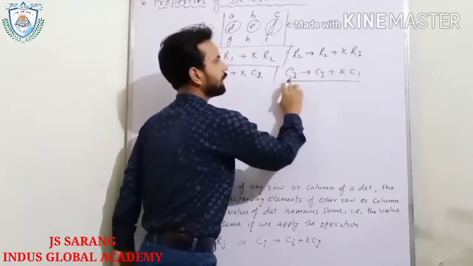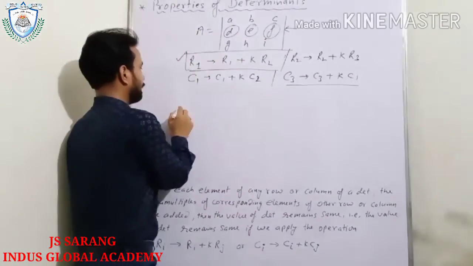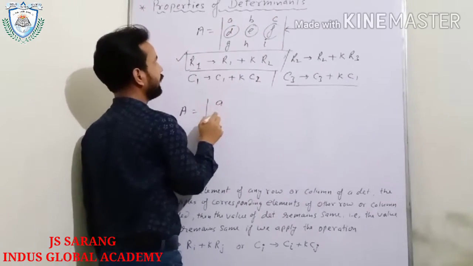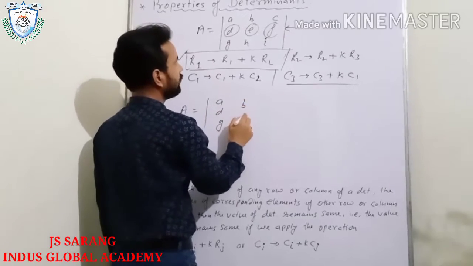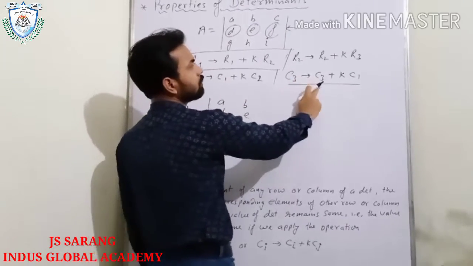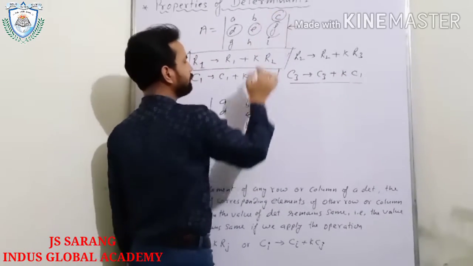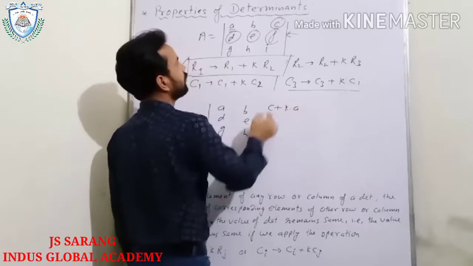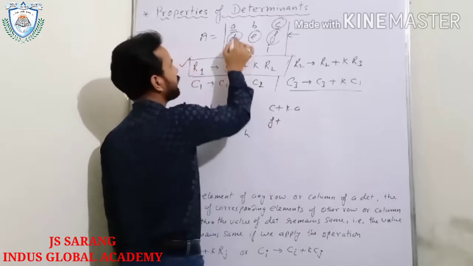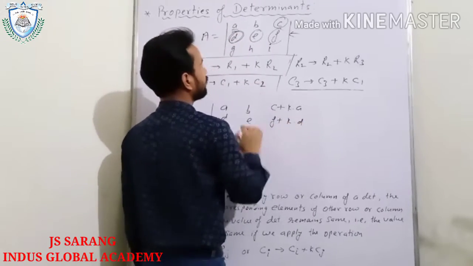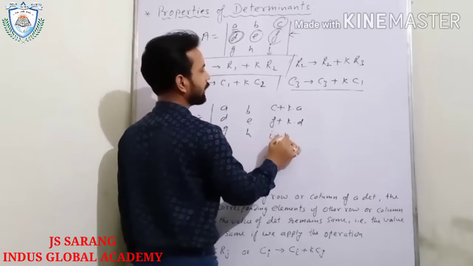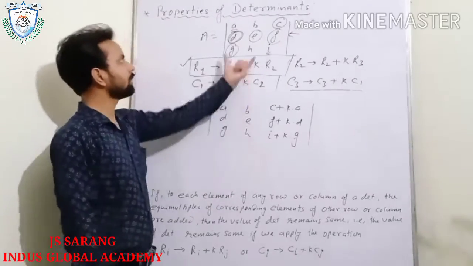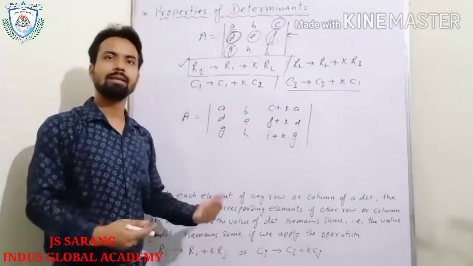This one, C3 tends to C3 plus K C1. Applying it, C3 is this, so C1 and C2 will remain the same: A, D, G, B, E, H. C3 tends to C3 plus K C1, so C3 is C plus K into A, now F plus K into D, now I plus K into G. Now the value of this determinant and this determinant will remain the same.